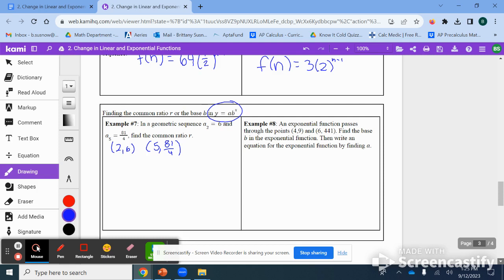So what we're going to be doing is making 2 equations here. This is brand new to you guys. I don't think you've learned this before. So I'll go ahead and do 6 equals ab to the second power. That's one of my equations. Great, so I want to make sure you're following along. And the second one would be 81 over 4 equals ab to the fifth power. So I'm just plugging it in, y and x, 2 equations.